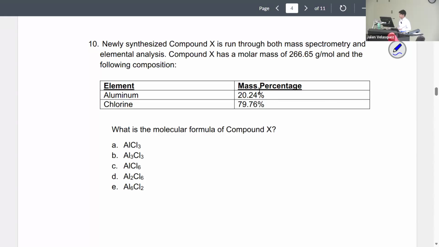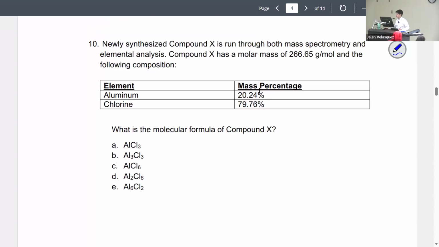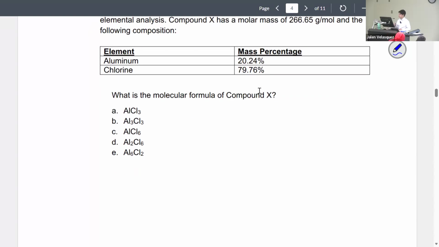So in other words, here we have 20.24 grams of aluminum, and we have 79.76 grams of chlorine.